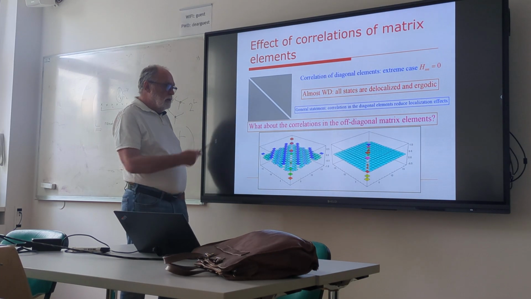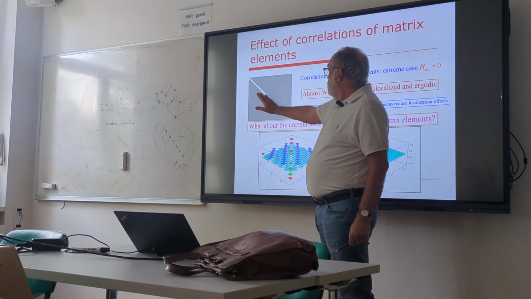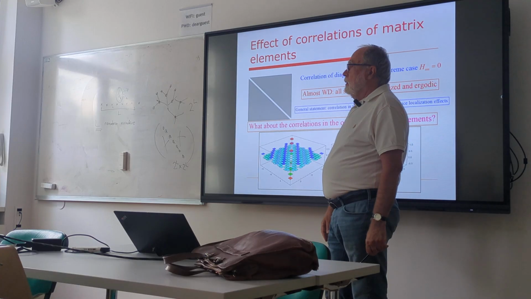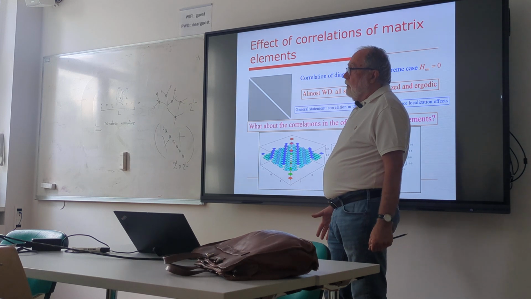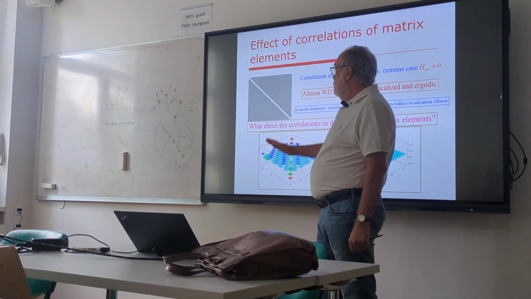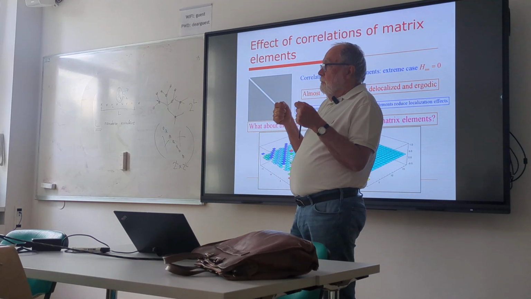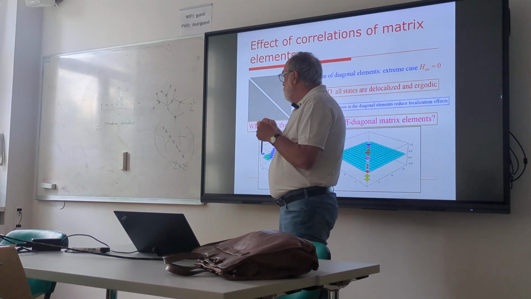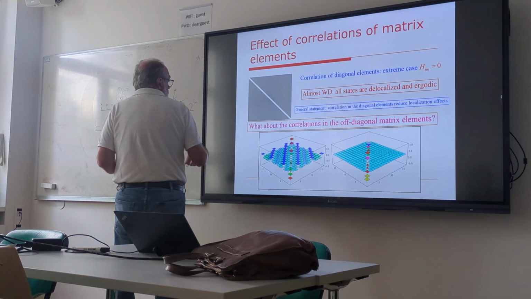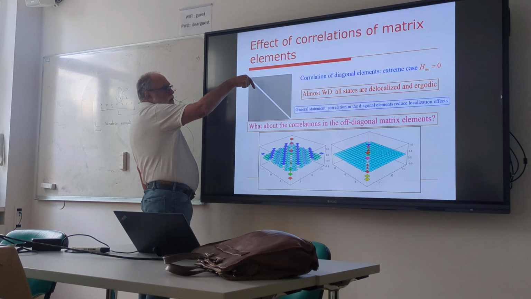So this is an example that tells you that when I correlate diagonal disorder, then I always favor delocalization. So correlation in the diagonal disorder, I mean correlation which tends to make them equal. So for instance, one can consider a correlation with some correlation radius.